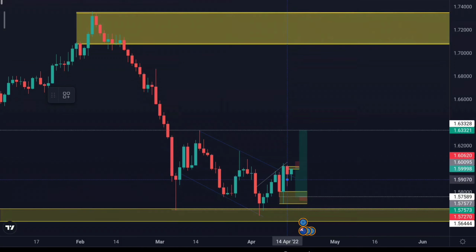So it was just a little bit of retracing of this huge candle that has moved this far. But we'll see what happened or what will happen, and how we will trade it in the lower time frame.